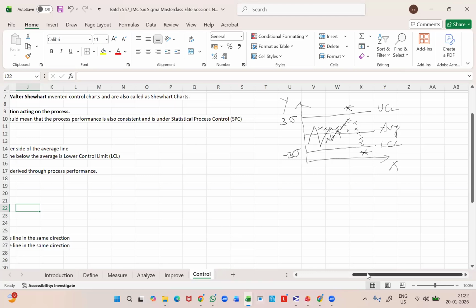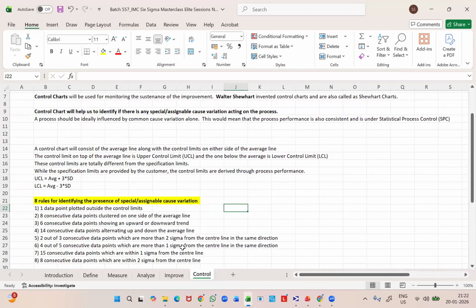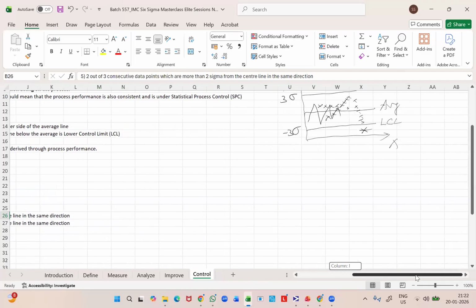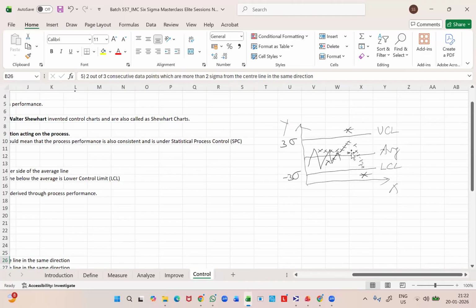But as I told you, the next set of 4 rules are going to be slightly stricter. The fifth rule is 2 out of 3 consecutive data points which are more than 2 sigma from the center line in the same direction. As I told you, the control limits are fixed at 3 sigma limits. Just below 3 sigma, we will have the 2 sigma line.